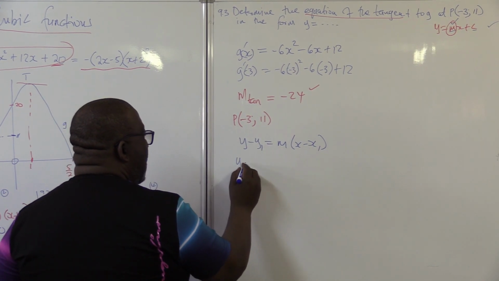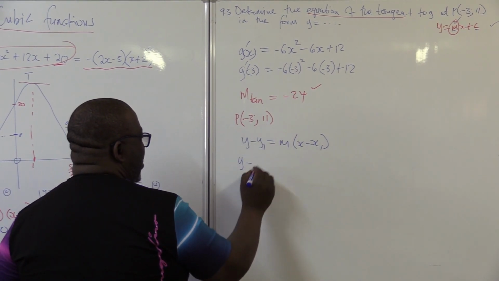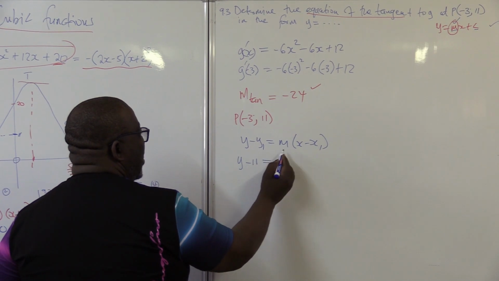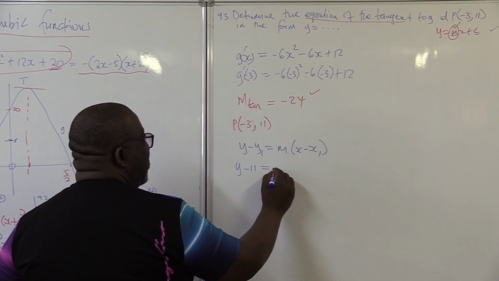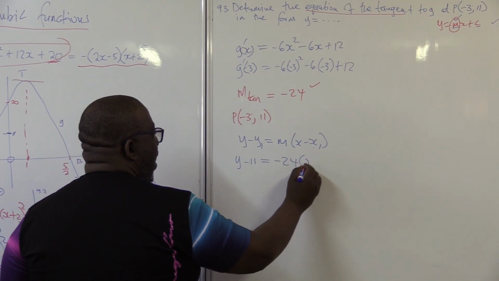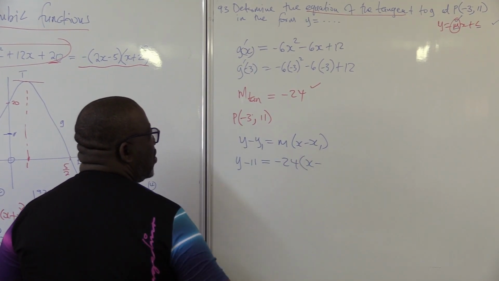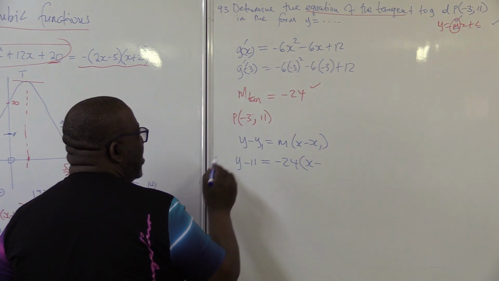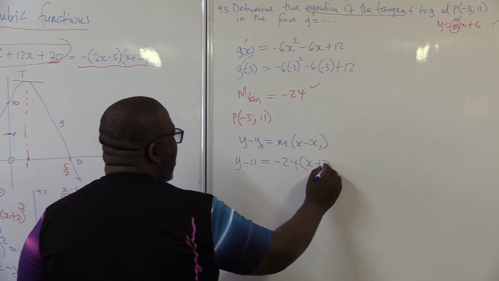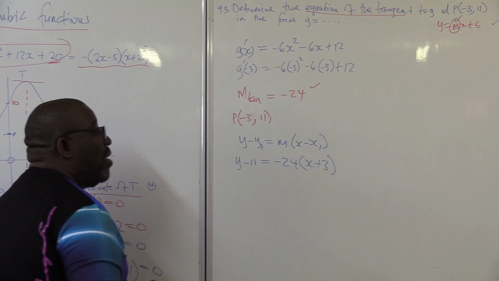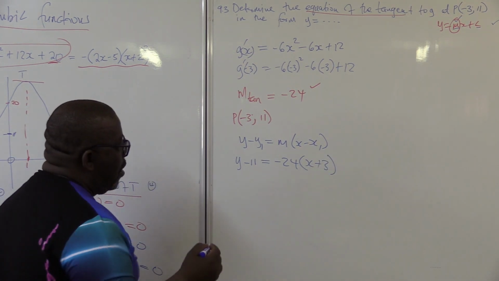So y minus 11 is equal to, my m, the gradient of the tangent, minus 24 into x minus x1. x1 in this particular case is minus 3. So this minus and this minus will give us plus 3. Let's work it out.